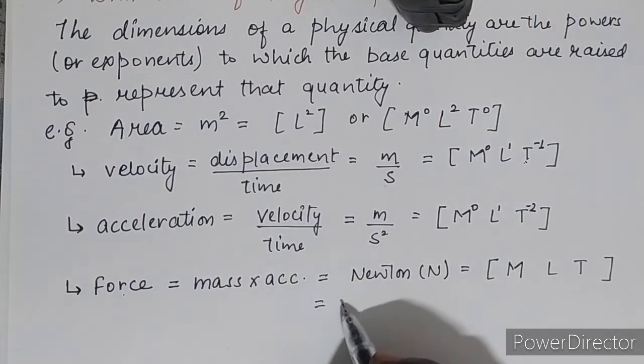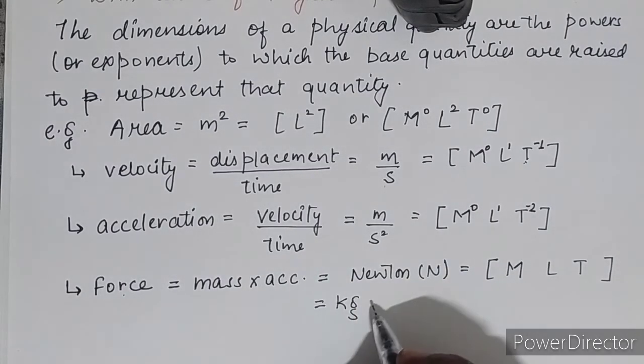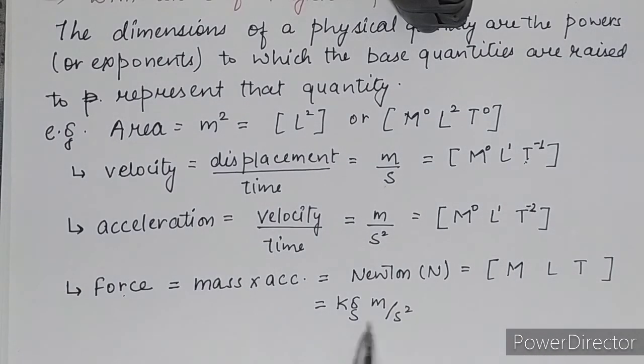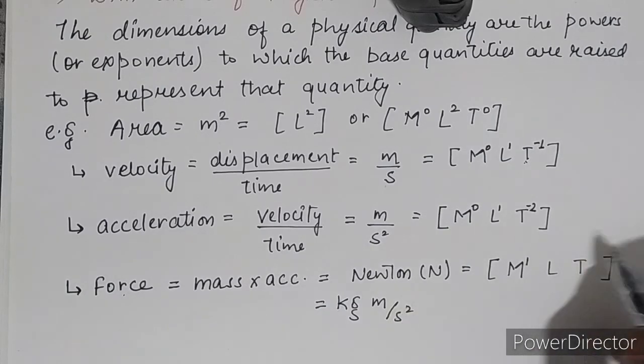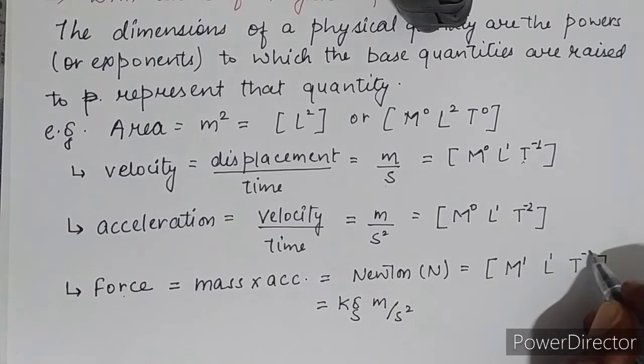So mass has the unit kilogram. Acceleration, right now we have written, meter per second square. Now with this I can easily write the dimensional formula. M for mass, kilogram, power 1. L, length, meter, power 1. T, time, second, power 2 goes upside, minus 2.